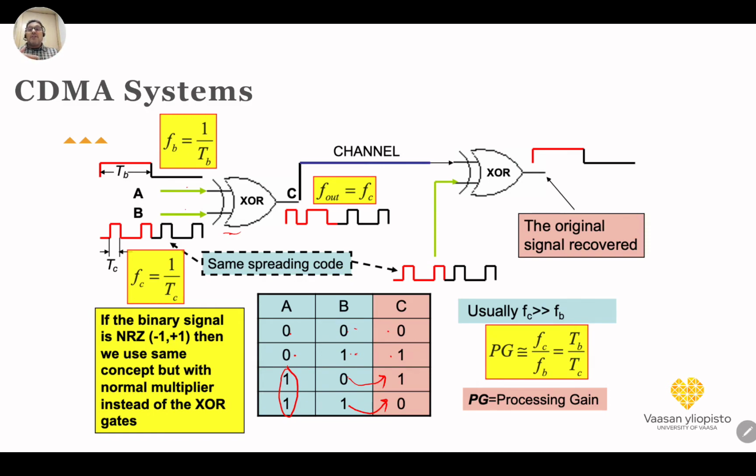But here, if the data is 1 and 0, then we simply use XOR. It will do the same job as the multiplier. So we have our information at A, bit 1 and bit 0. The bit time is TB.